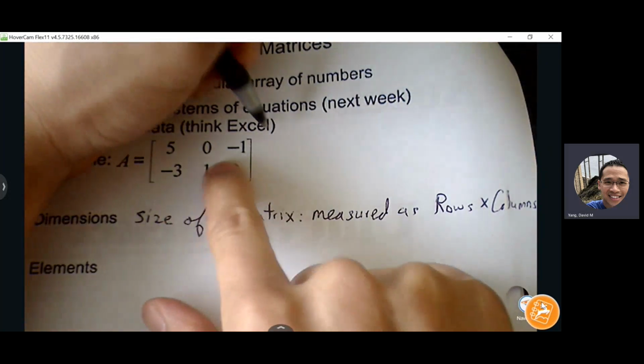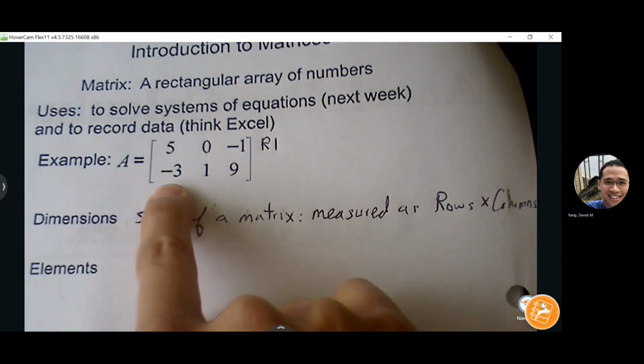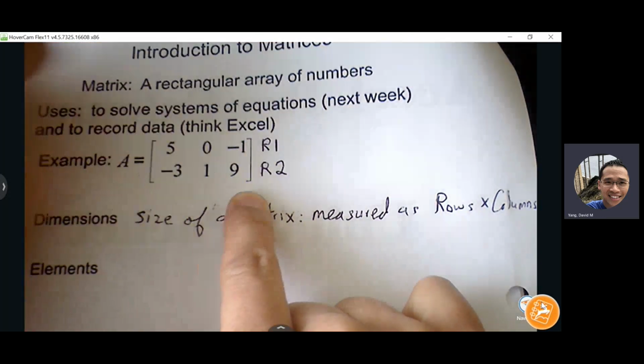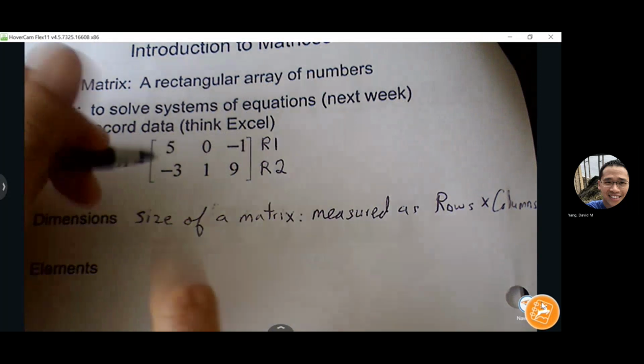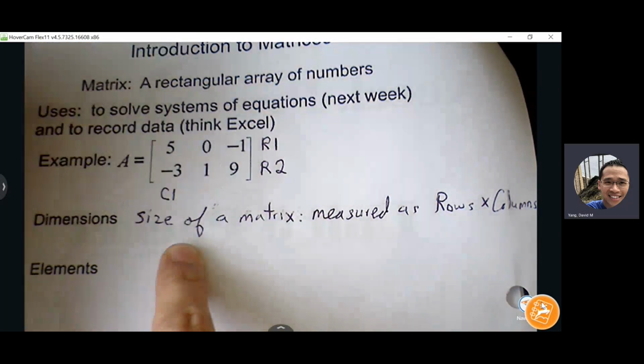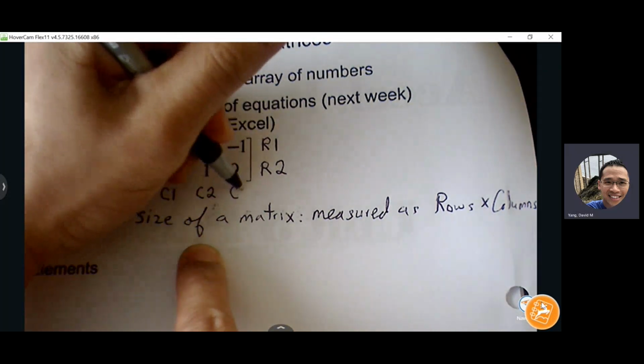So 5, 0, -1, this is part of row 1. -3, 1, and 9, those are numbers in row 2. 5 and -3, that's column 1's values. 0 and 1, that's column 2. And -1 and 9, that's column 3.